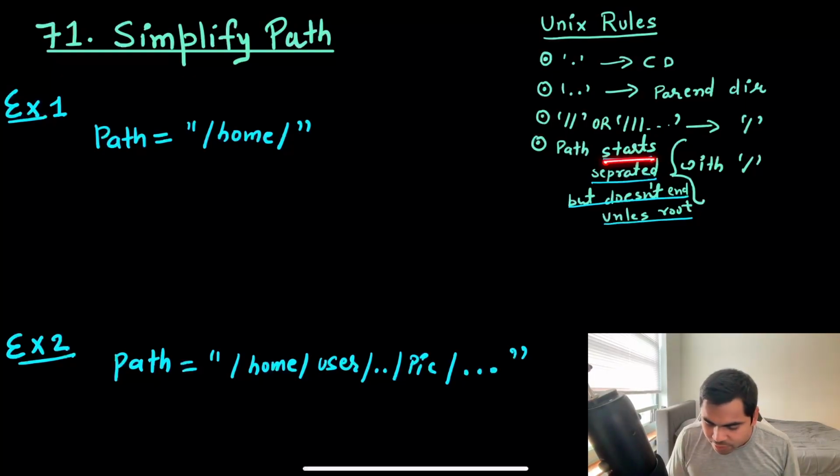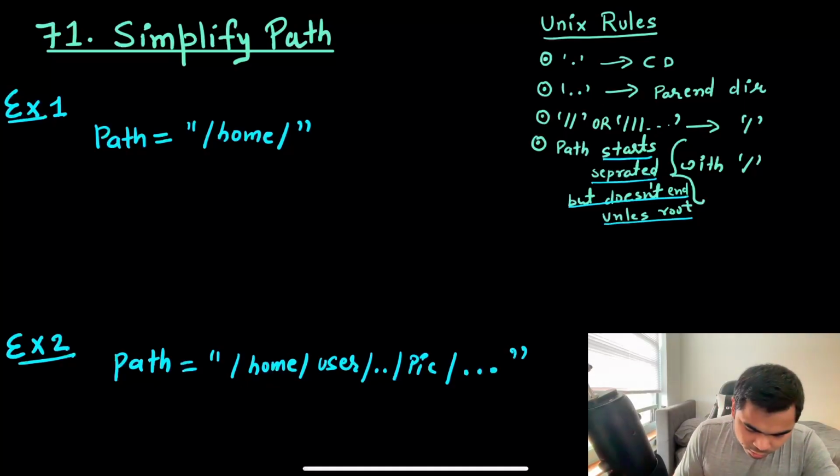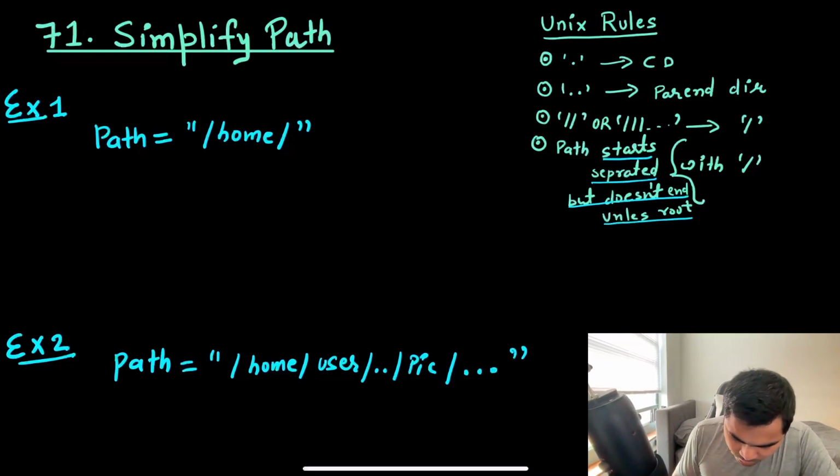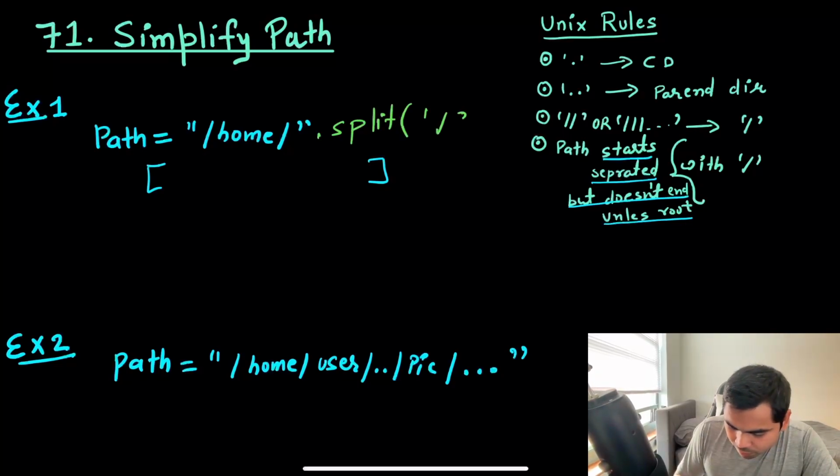Now the path starts with a forward slash and is separated with forward slashes, but it doesn't end with a forward slash unless it's root. So in order to do that, the first thing we should do with the path is split it into an array of strings using the split function, and we should split it by forward slash.